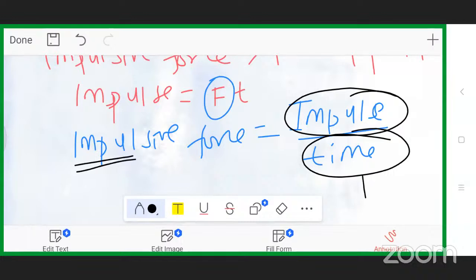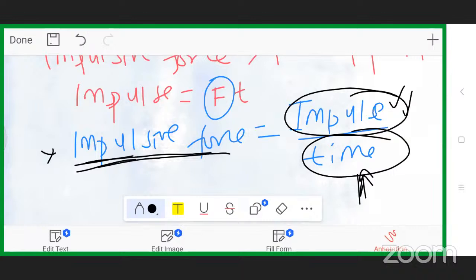Of course, to reduce the impulsive force, you can just have the time becoming longer, and the impulsive force will be reduced. But let's look for another way to represent this impulse so that we can see something you can modify to reduce the impulsive force.